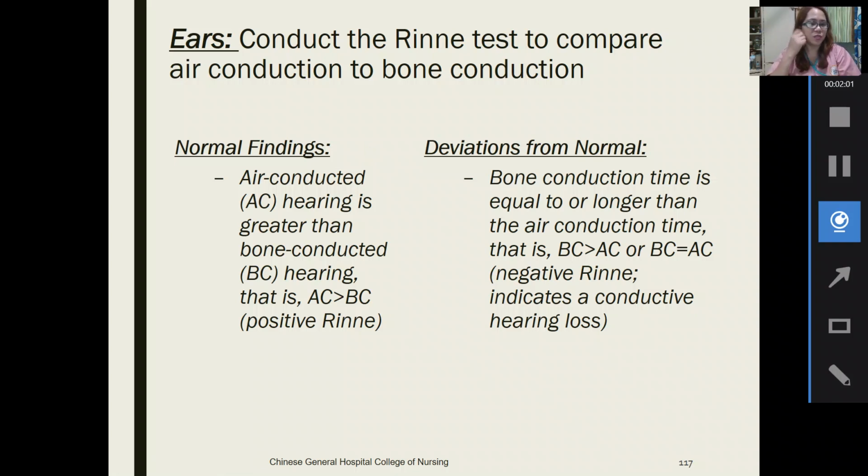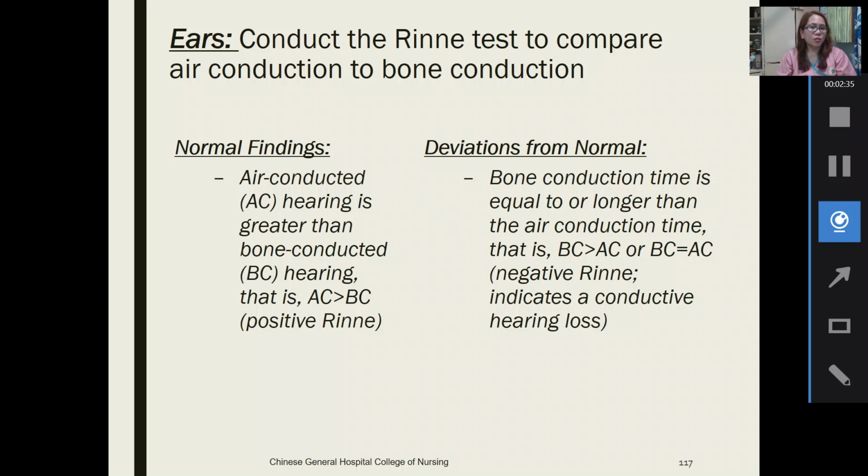So, ito yung sasabihin natin, yung itatap mo yung tuning fork doon sa nemo or any bony areas, and then you ask the client, should be perpendicular dito sa ear, at sasabihin mo, this is the position A. Kung may naririnig kayo, pag wala na kayong naririnig, sabihin nyo po sa akin, pag wala na, then pag wala na siyang narinig, you have to move it at the back, yung sa mastoid area or mastoid bone. And then, sasabihin ni patient kung saan mas malakas.